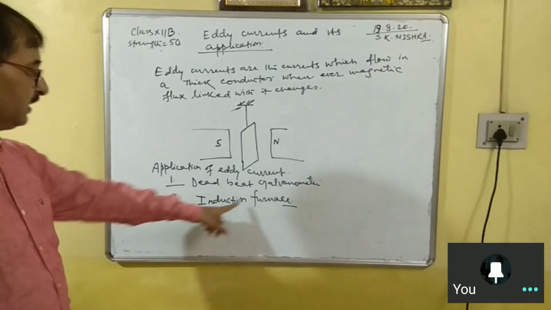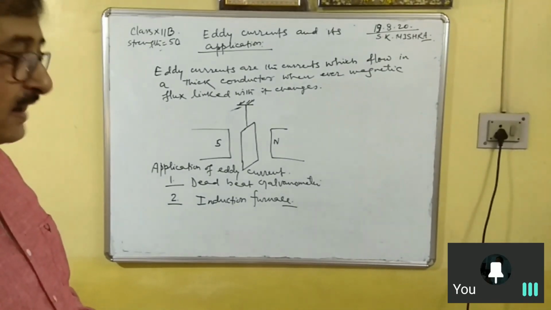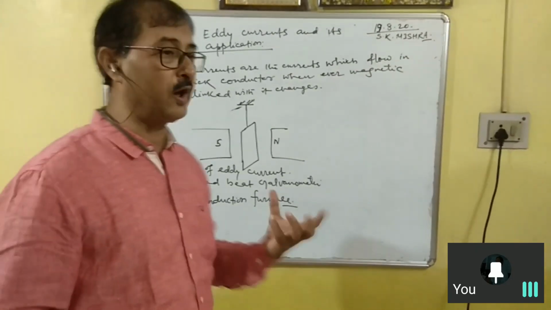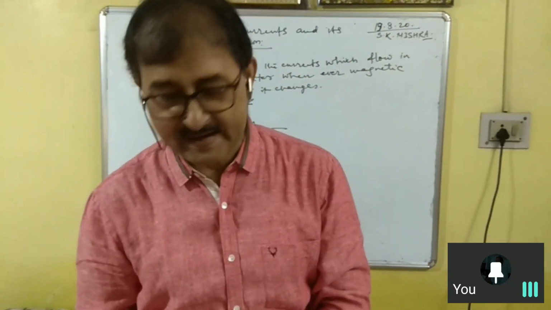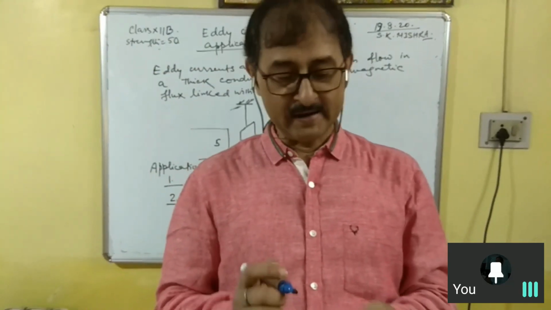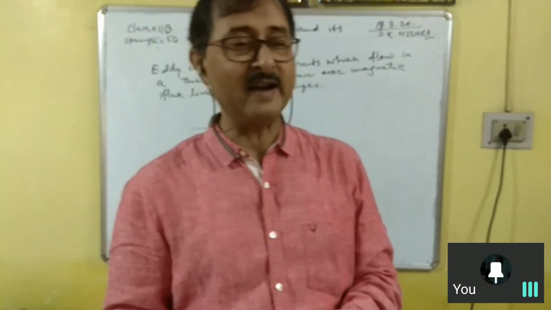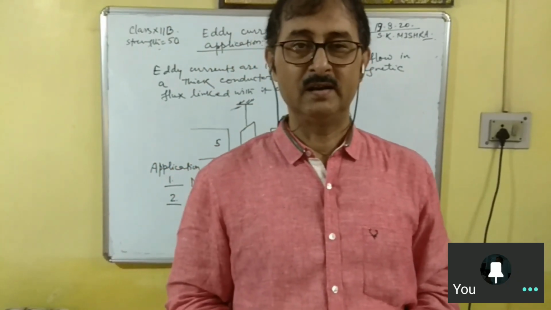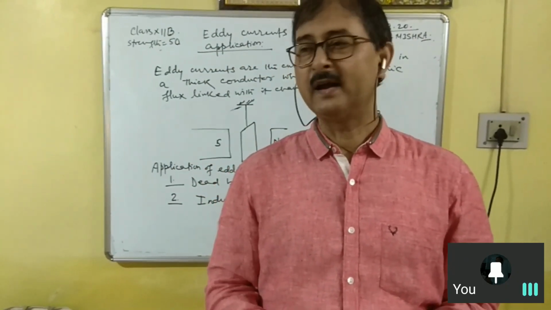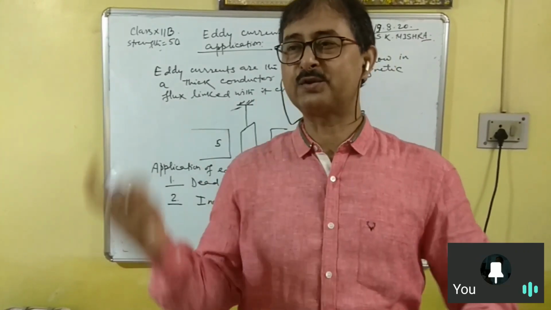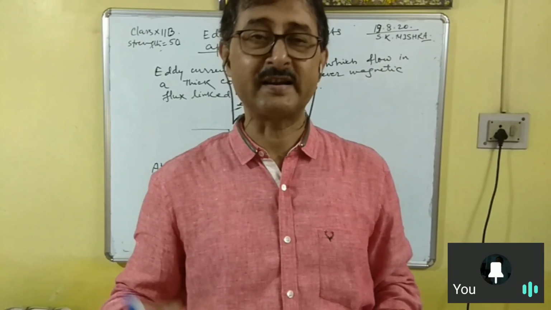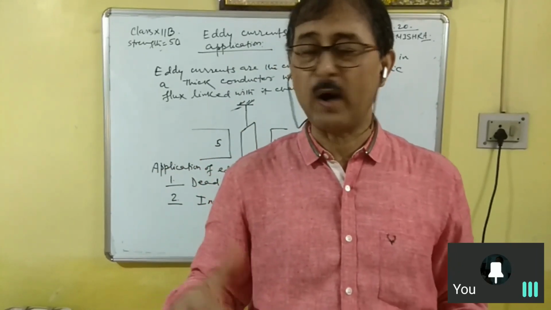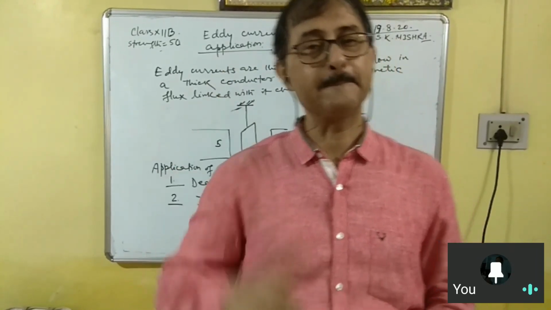So, induction furnace. If you want to make alloys, different metals are kept inside the magnetic field, and the magnetic field is such that it keeps on varying. You can do it by applying a coil through which a current is passing, and if you keep on increasing that current, the magnetic field of the coil will also keep on increasing.